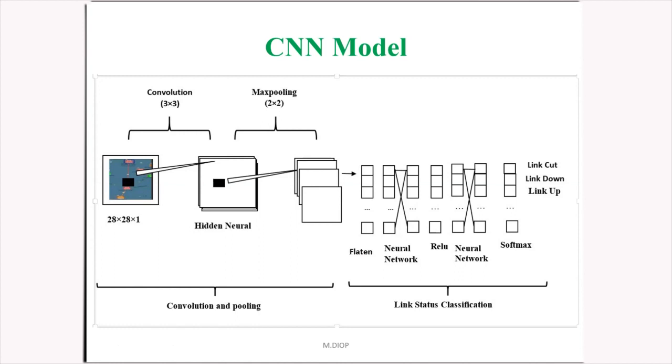The result of training is given to an activation function like ReLU. The result of this activation function is given to another neural network for a second training, and the result of that training is given to an activation function that gives us the link status.